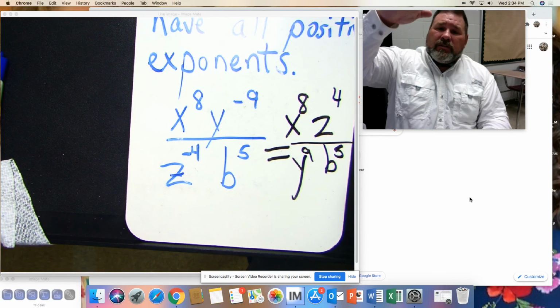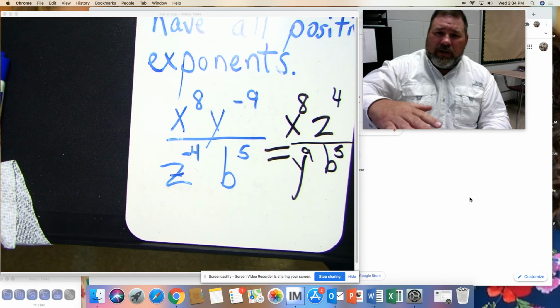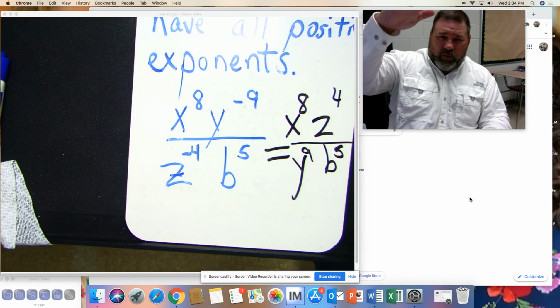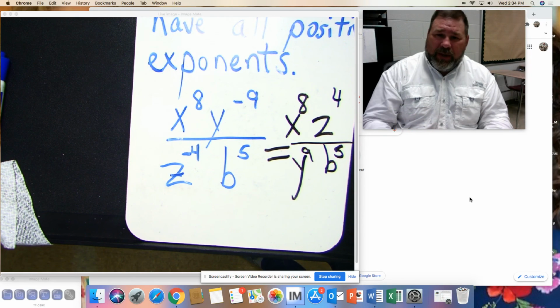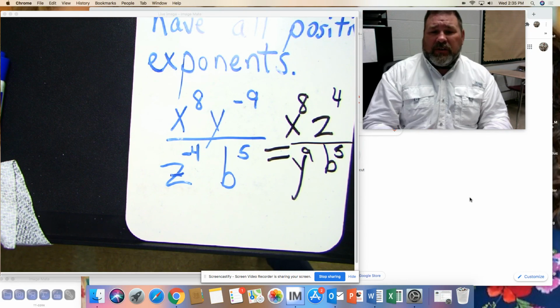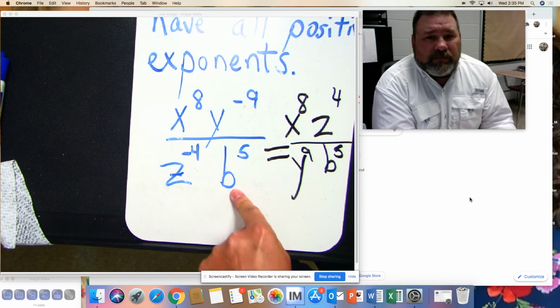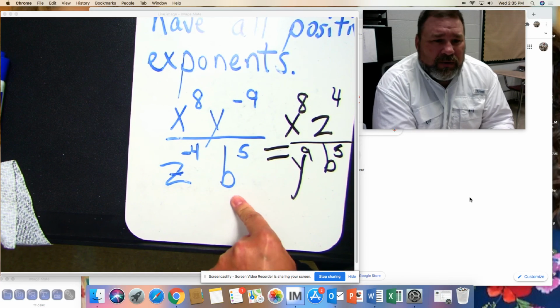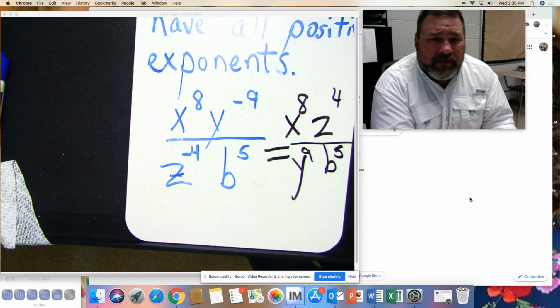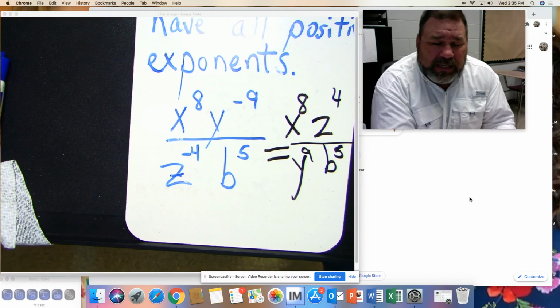If they're upstairs and they're negative, you move them downstairs to where they're positive. If they're downstairs and they're negative, you move them upstairs to where they're positive. And so, like Ms. Powell is saying, to make them positive, you got to move them opposite of where they are. And if they're already positive, there's no reason to move them. They're already simplified as much as they can.